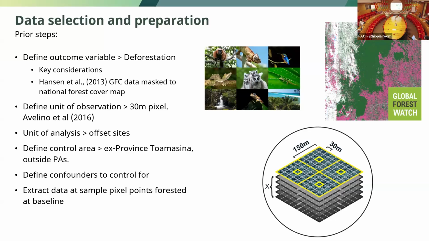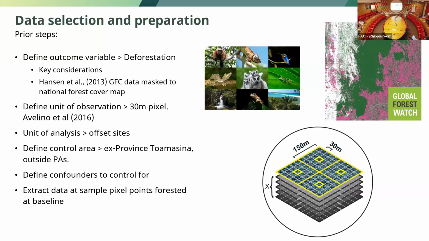And also because the intervention was applied at the level of the offset sites. And the question is whether the conservation protection reduced deforestation within these sites. Did it reduce it, and if so, by how much? It's not, oh, did it stop this 30-meter pixel getting cleared?